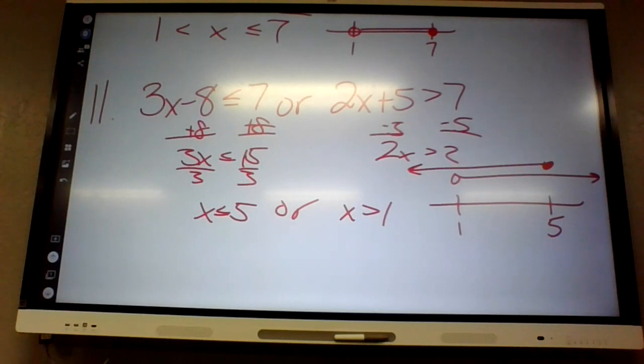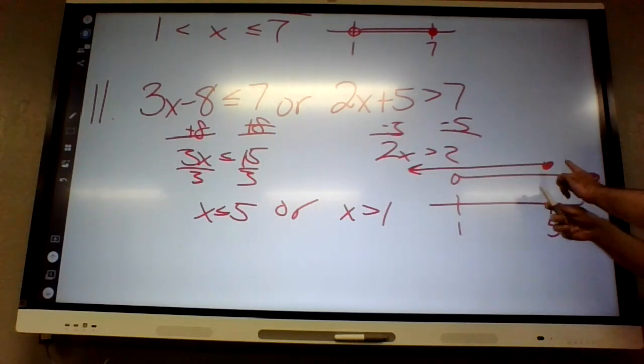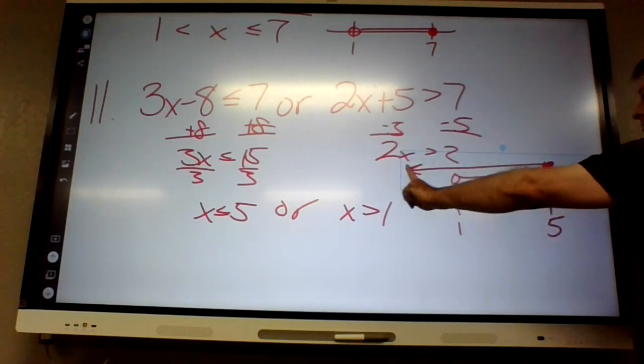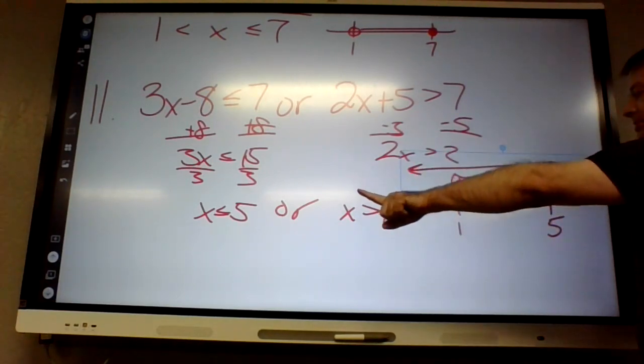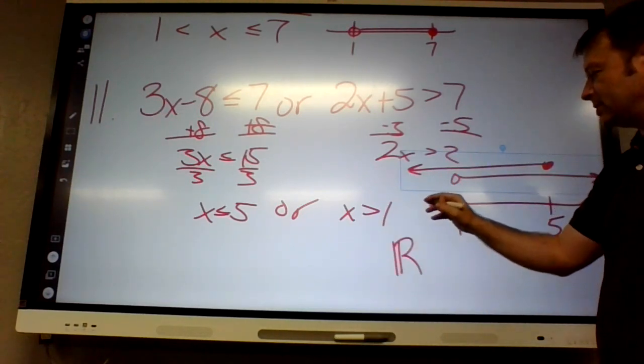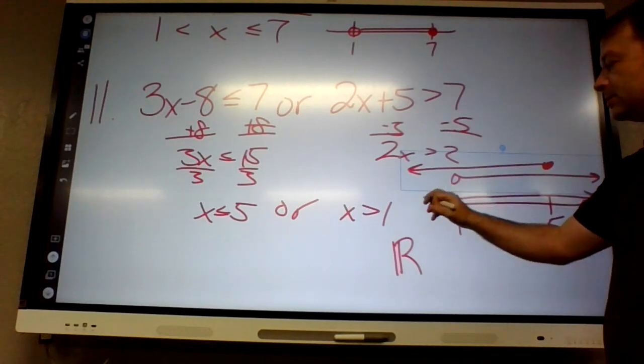It would include 1 all the way up to 5. With the or, if it's covered by either of them, it's included. What's covered by either of them? Everything. So it's all real numbers and a solid line.